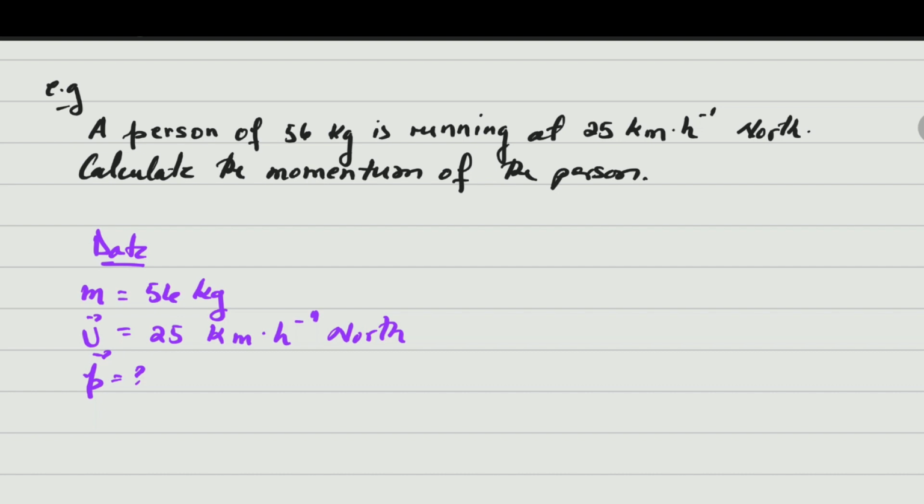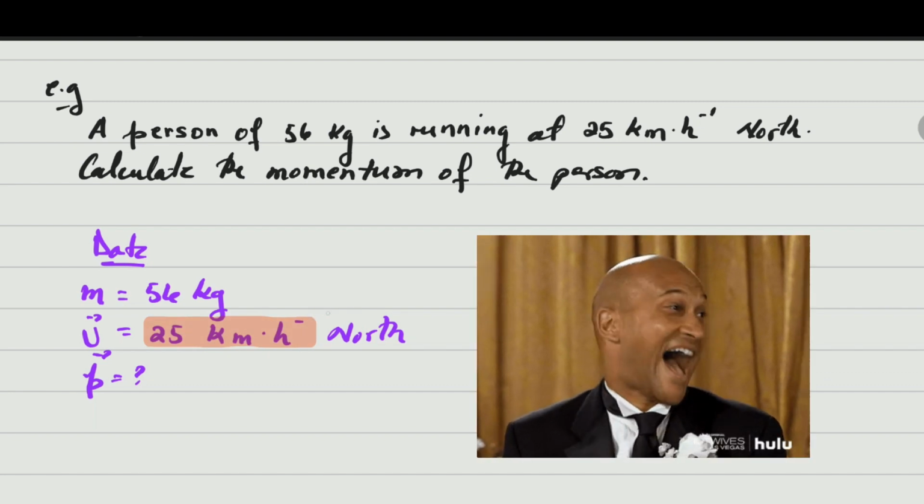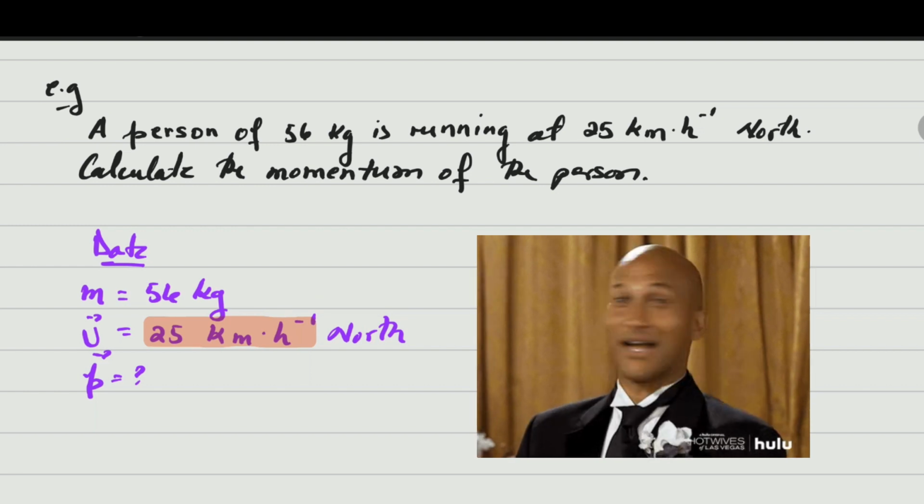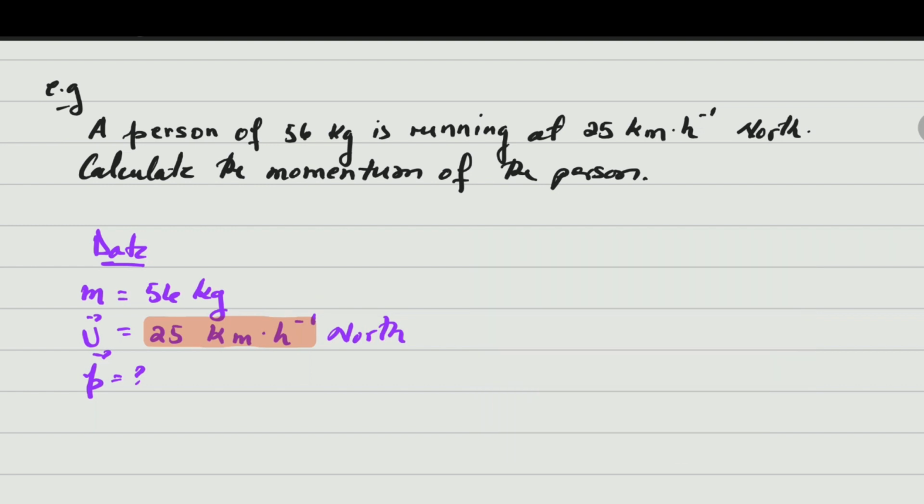Before we carry on with the calculation, we note that velocity is given in kilometers per hour, like you see here, but we cannot work in kilometers per hour. Note this is a 1, don't get confused, it's a beautiful 1. So how do we convert from kilometers per hour to meters per second?